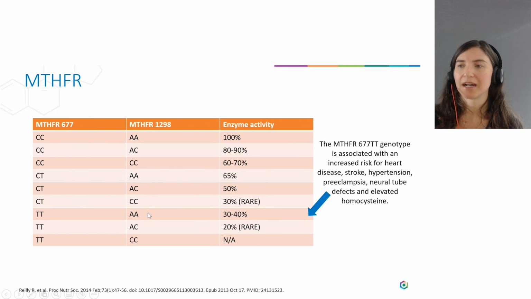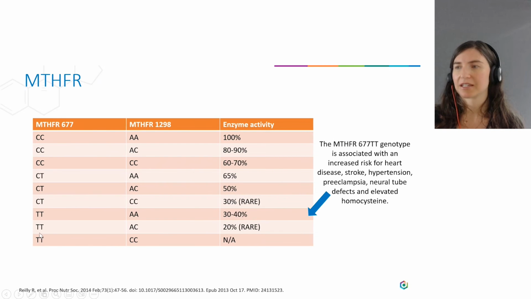But you can see here, when we get down towards the lower end, when we start having more frequency of these SNPs, we don't find them that often in the public, and it's probably because people tend to have a lot of issues if they're not methylating well. And a lot of these are just not compatible with life. So if someone has certain SNPs, which puts them in this category down here, it might not be compatible with life, and they might not even make it through the pregnancy.